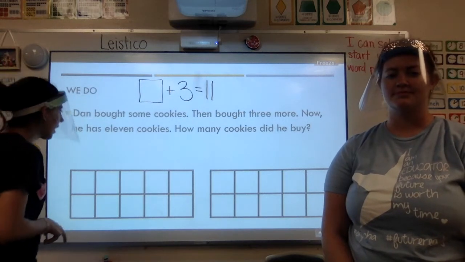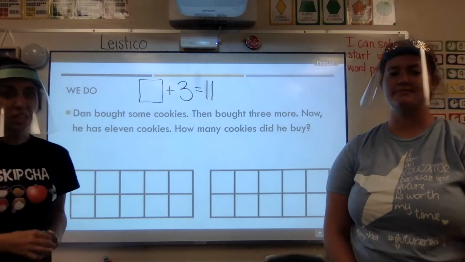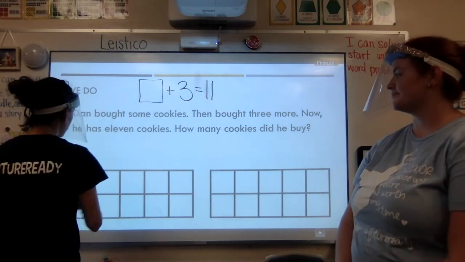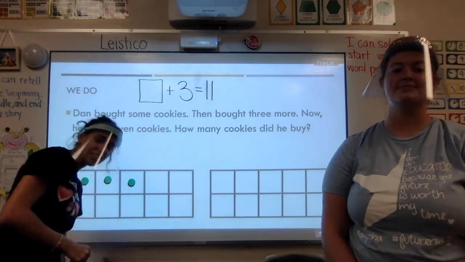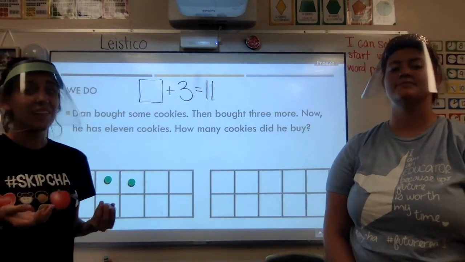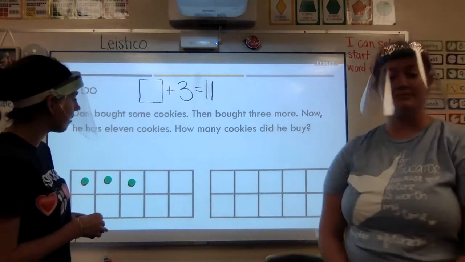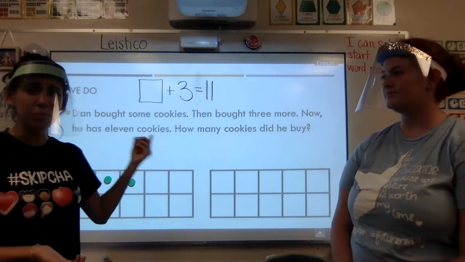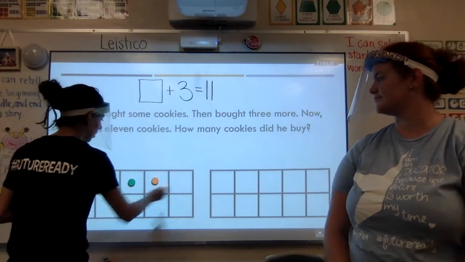So let's see. I know that at some point, he buys 3 cookies. So I'm going to put my 3 cookies that he buys. And then I know at the very end of my problem, he needs to have 11 cookies. So if I count up to 11, I should be able to tell how many cookies he had at the beginning. So I'm going to count 1.